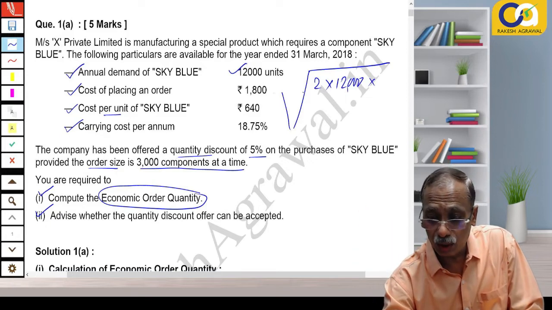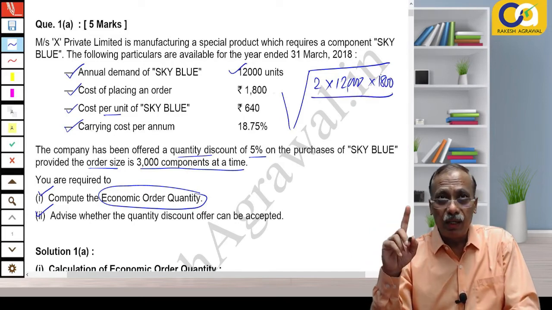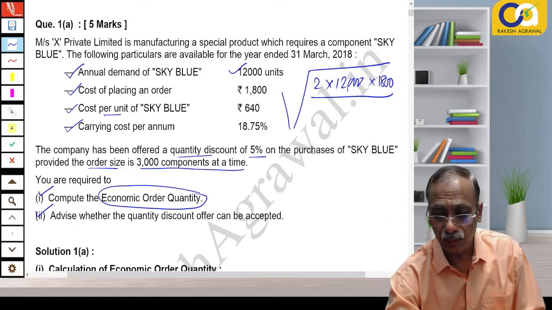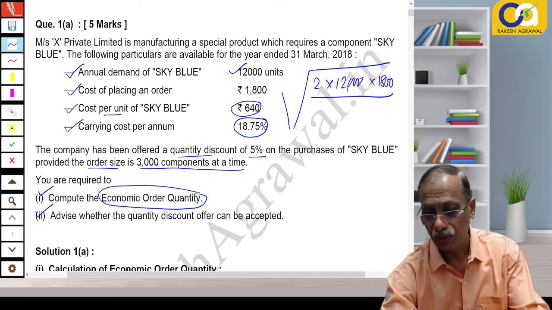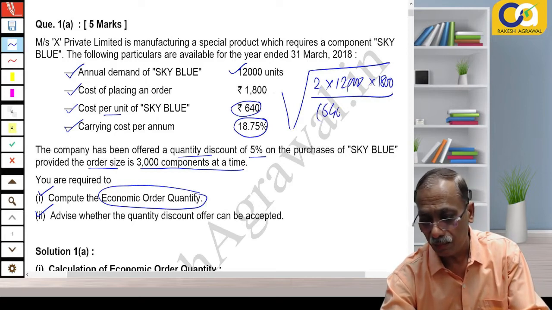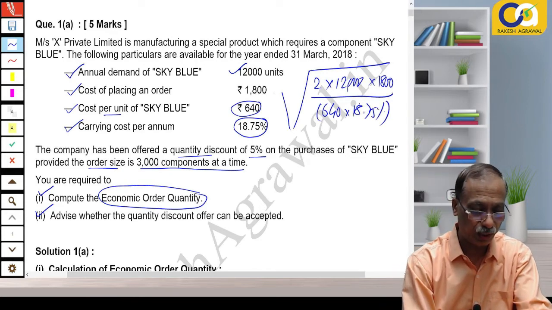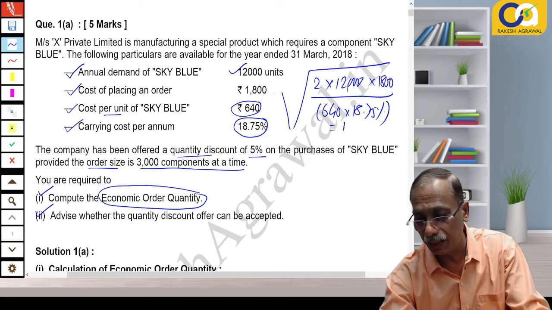Into ordering cost per order is 1,800, divided by carrying cost per unit per annum. Carrying cost per unit per annum can be calculated as 640 into 18.75%, you will get the carrying cost of 1 unit for 1 year. So 640 into 18.75%, check how much it is. I think it comes to 120.